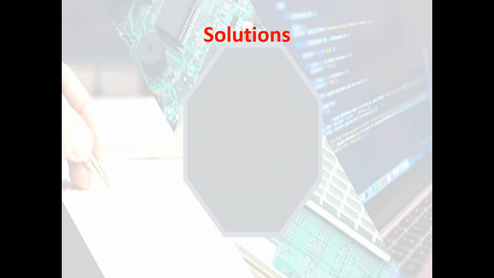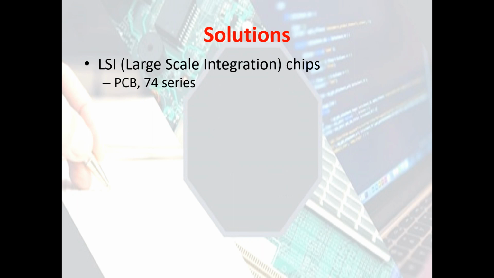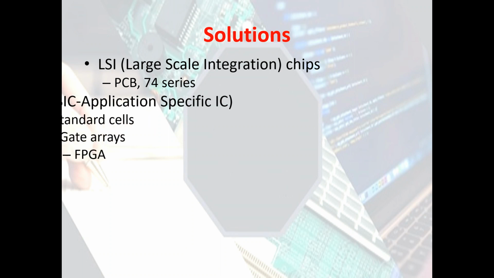So let's now discuss the solutions. Large-scale integration or LSI chips are densely packed circuits that integrate a large number of components onto a single chip, enhancing efficiency and performance. Printed circuit boards or PCBs and the 70 series are examples of early integrated circuits.